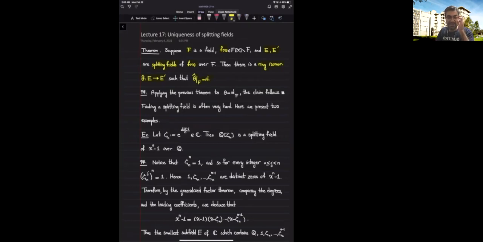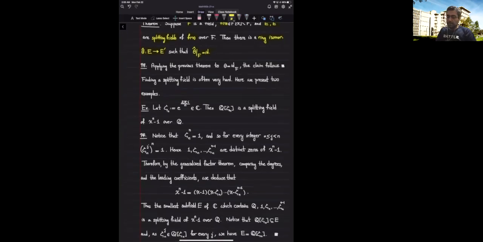When we discuss linear algebra over fields in more detail later, this phrasing makes more sense. This is an immediate corollary of the previous uniqueness result that we proved. In fact, this is just applying that to the identity map from F to F. So there are no two copies of the same field.